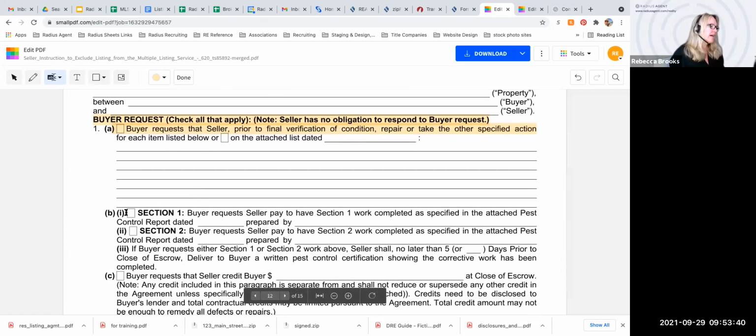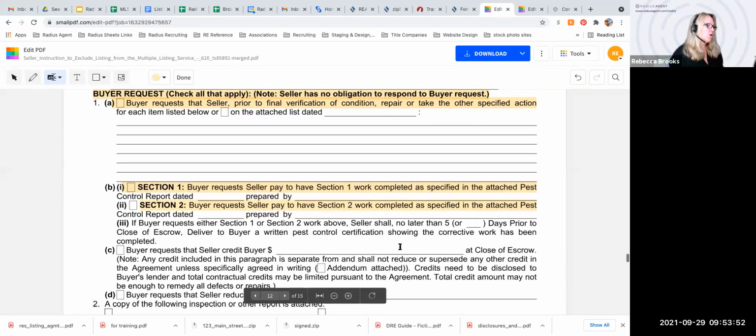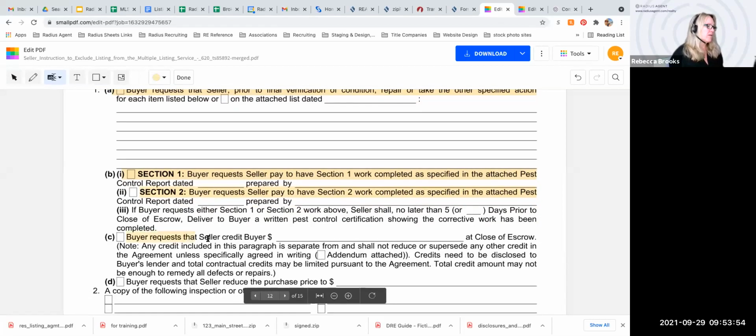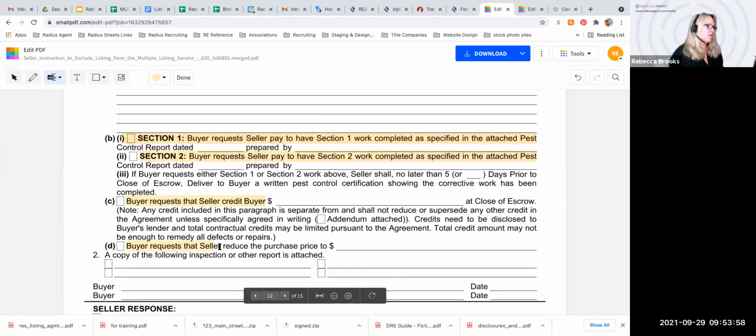Or you can ask that the seller pay to have Section 1 work completed as specified in the pest report. You can ask that the seller pay for the Section 2 work completed, or you can ask for a credit, or you can ask the seller to reduce the price.